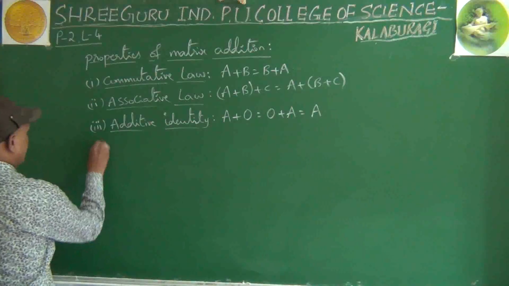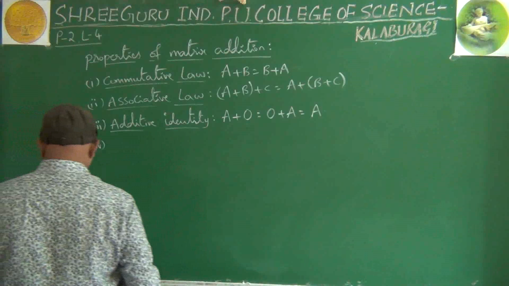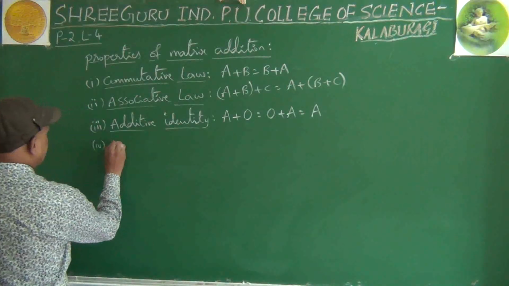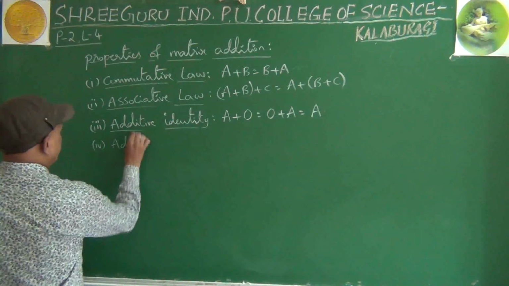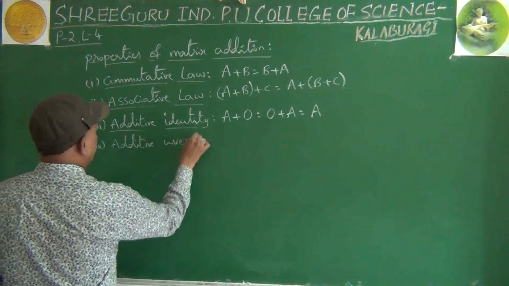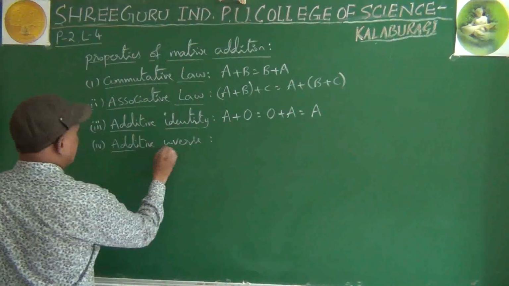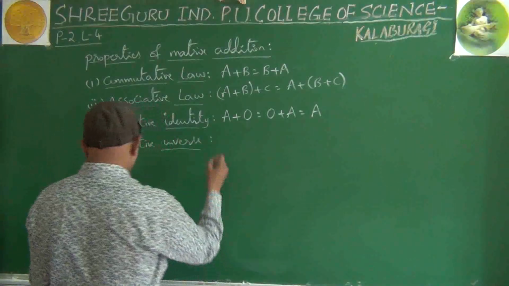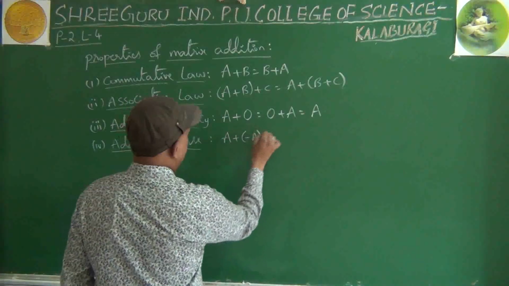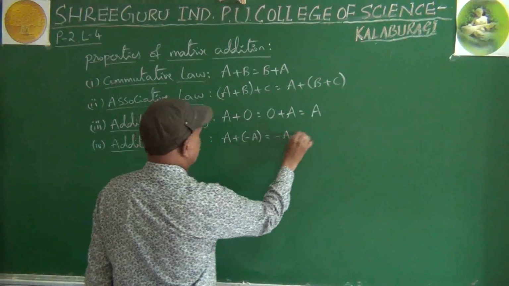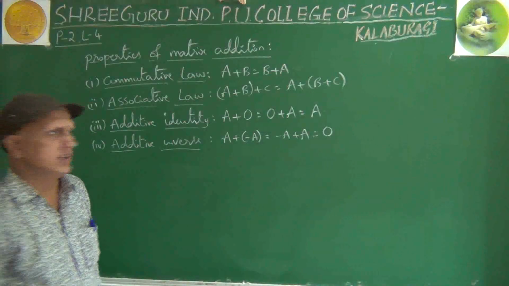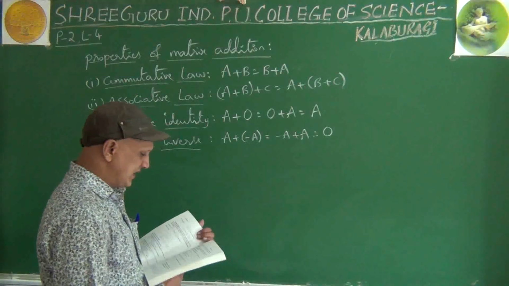Next, the fourth one: existence of additive inverse. A plus minus A equals 0. Additive inverse means that is the thing.